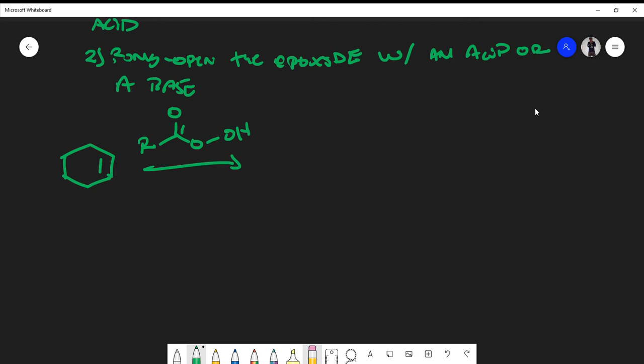So we do this in the first step to form the epoxide, right? And in this case, we're going to get something that looks like this. Or we could get the opposite. Either or. So this, ladies and gentlemen, is creating our epoxide.